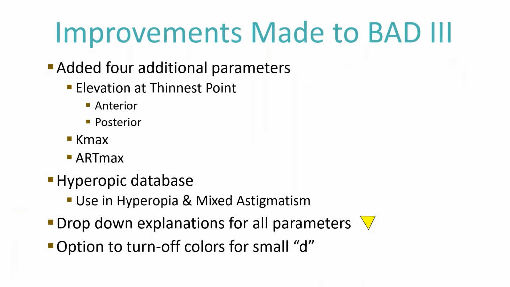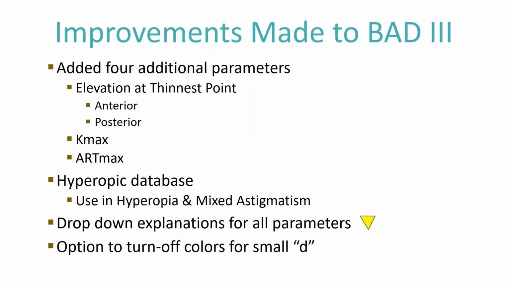And that was because on some work that we published a number of years ago, we actually showed that patients with hyperopia or mixed astigmatism have different normal values than either a normal or a myopic population. Version 3 also allowed you to actually click on any parameter with a right click, and you'll see there's a little yellow triangle, and that will open up a dialog box that actually will tell you about that parameter.